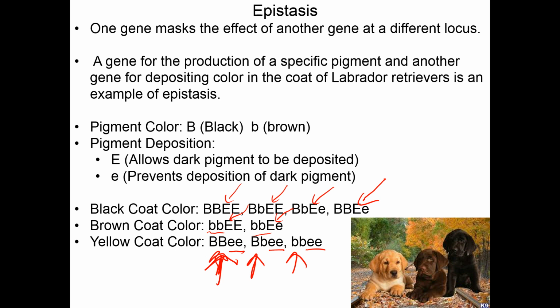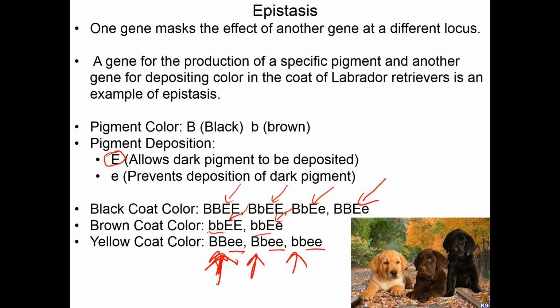It doesn't matter if it's homozygous dominant, heterozygous, or homozygous recessive. It doesn't matter if it was going to be a black or a chocolate lab. If you don't have at least one copy of the dominant E allele for pigment depositing, that pigment protein does not get deposited in the fur. So you end up with a lab that has a golden or yellow coat.